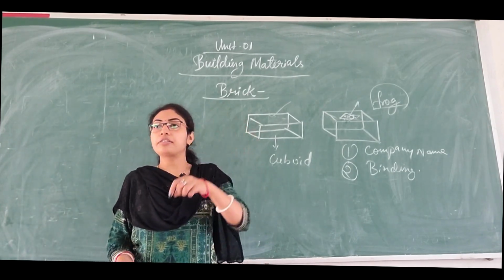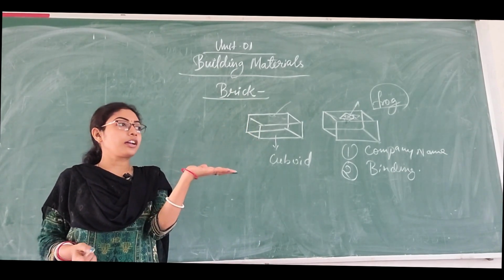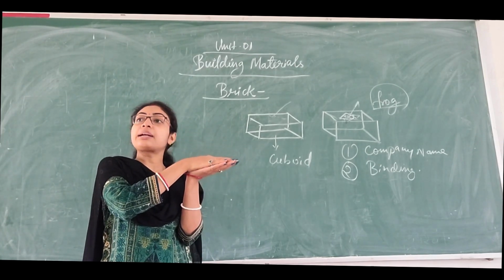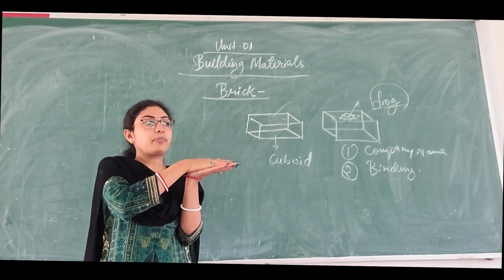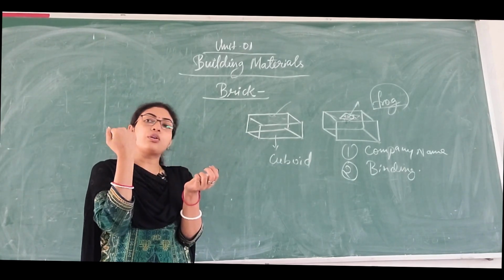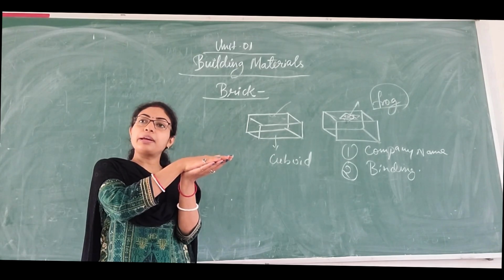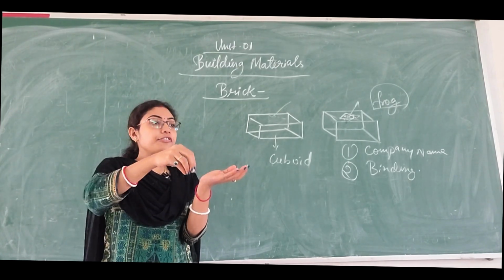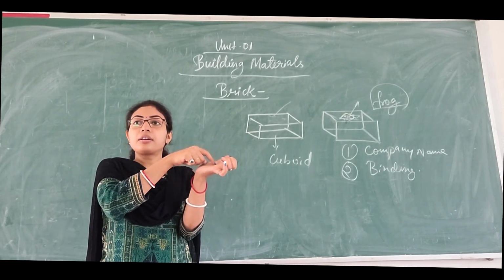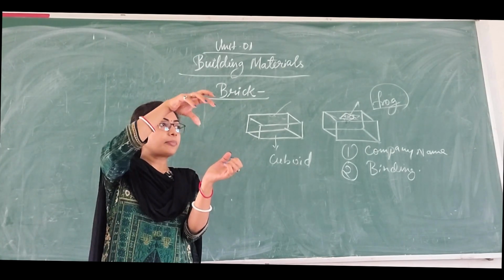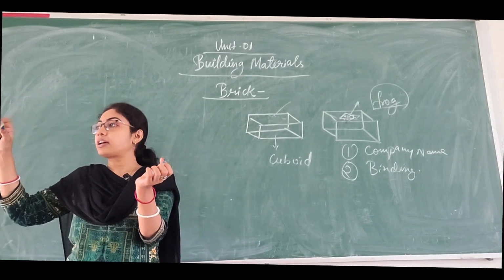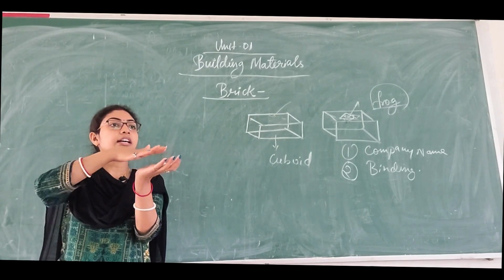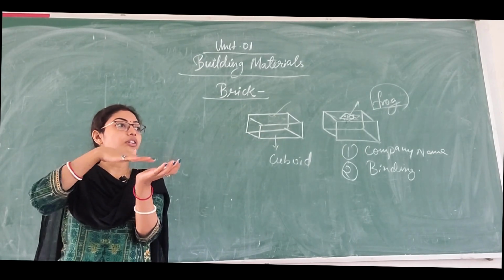Think for a little: if there is a plain surface and I stick anything onto it, it may be possible that if there is any load on the upper surface, there will be friction or movement on the plain surface. But if there is a hollow mark, or some depression, and I fill that with the upper surface, what will happen? It has a grip so it does not move.